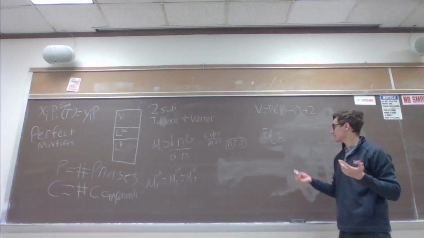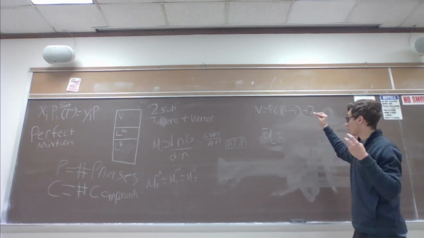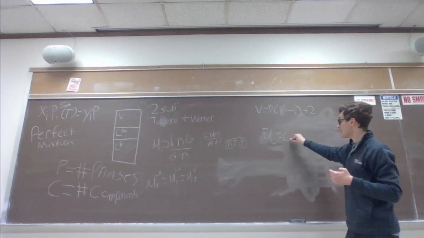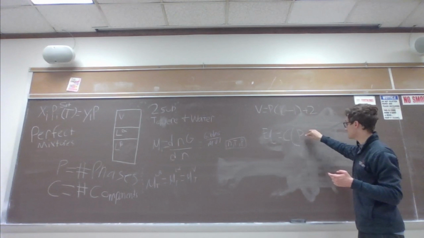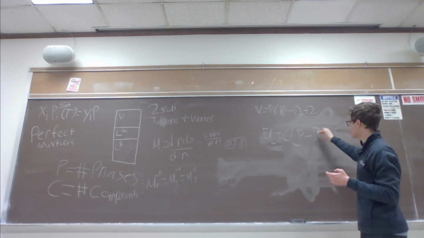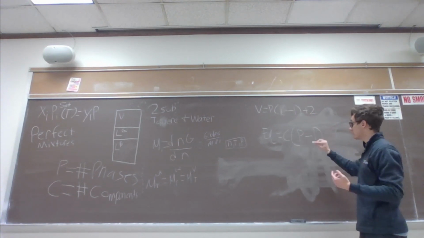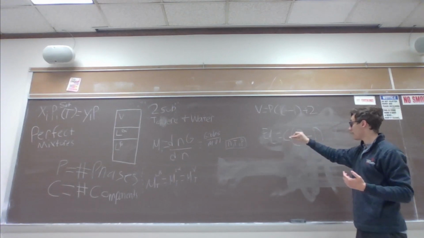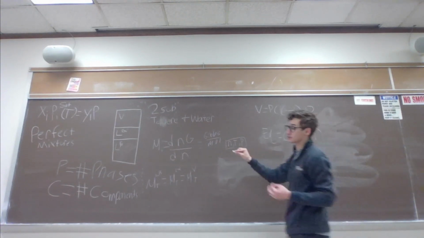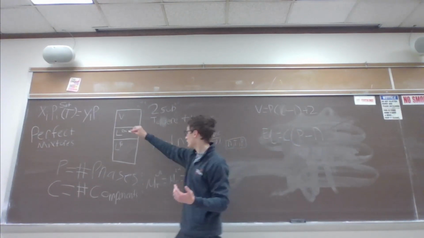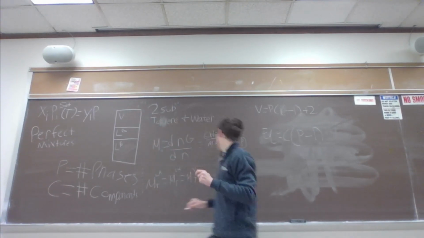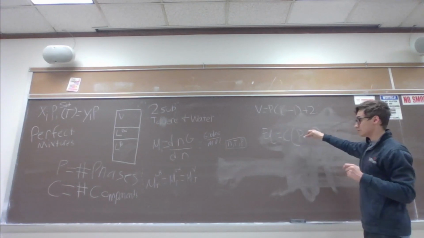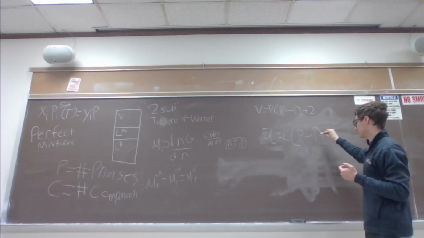So there was a slight mistake when I was writing the equation formula. What it should be is that the amount of components multiplied by the phases minus 1 should equal the amount of equations we should be getting. And this is because we have C, the amount of components, and we're going to have each of the components in each phase, even if it's a minute amount, multiplied by the amount of phases subtracted by 1.